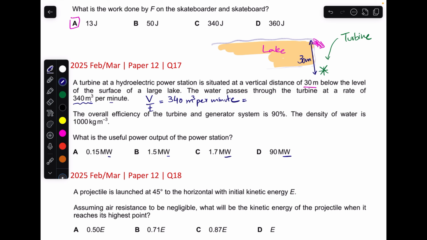As it is per minute, it will be divided by 60, then it will be meter cube per second. So let me calculate: 340 divided by 60 gives you 5.66 meter cube per second.